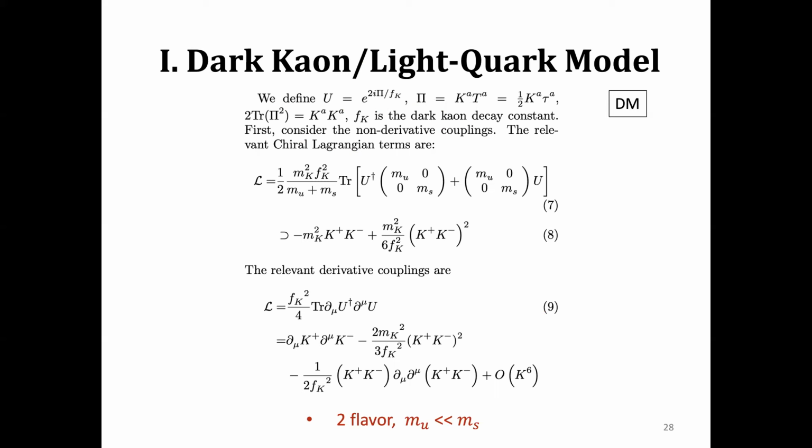If you turn the L7 up, you will make your neutral kaon heavier than your K plus, K minus. So eventually the neutral kaon will not be the dark matter, because the K0 will annihilate into K plus K minus. So the neutral kaon will not have a relic abundance now.